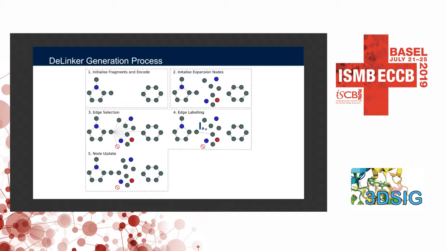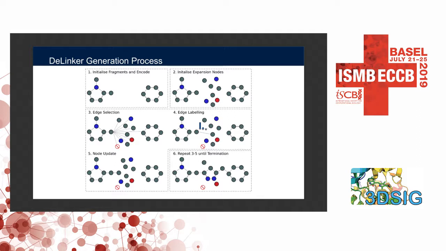So is it going to be a single bond, a double bond, or a triple bond? And then finally, we perform an update step on our graph in order to allow our model to understand how it's changed the graph and what our new molecule looks like. We then iterate that process of edge selection, labeling, and this update step until the process terminates, when hopefully we've got a joined up molecule that is now the generated full molecule that our system proposes.